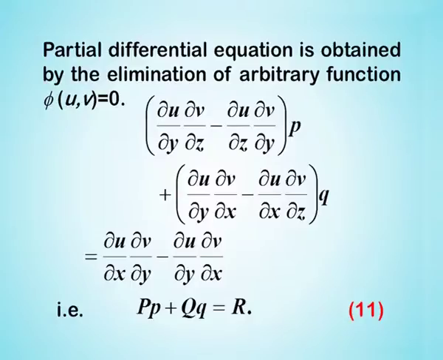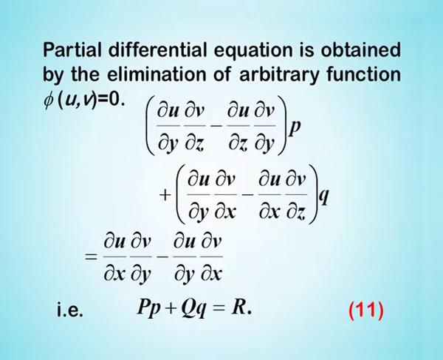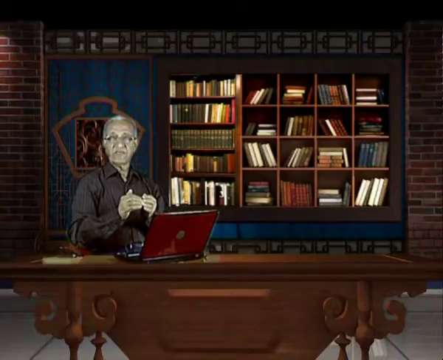In that case, if you recall, we had the equation as function of x, y, z, u, v. We have the same thing here. This is a function of u, v is equal to 0 and we want to use the method of elimination of the arbitrary function, and then 10 gives these things, small p, small q, and this equal to this thing which will be called capital R. This P and this Q is nothing but the same meaning, first order partial derivative. dz upon dx was denoted by P in our previous lecture. dz upon dy was denoted by Q, if you remember.